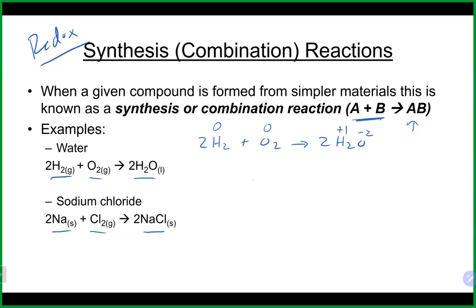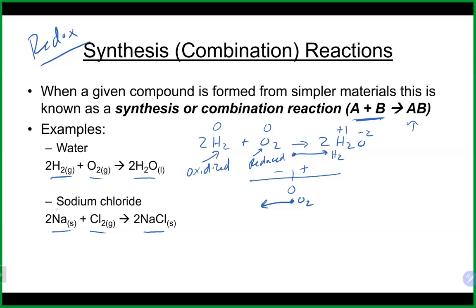Looking at our number line, the hydrogen starts at 0, ends at +1, and it is being oxidized. Our oxygen starting at 0 ends at -2, which means it is being reduced. So although most people will probably call this a synthesis or combination reaction, it is also classified as a redox reaction, because that is ultimately what is happening here, that exchange of electrons.